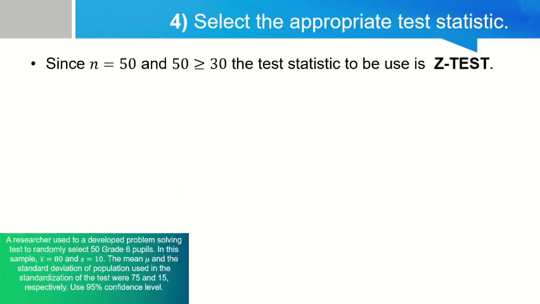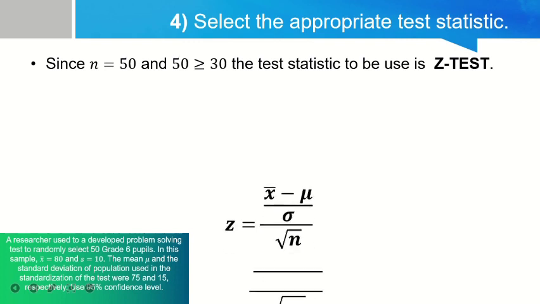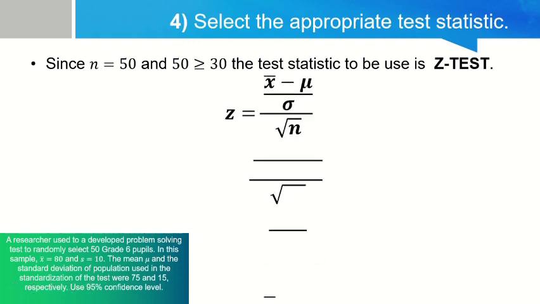Next, select the appropriate test statistic. Since n equals 50 and 50 is greater than or equal to 30, the test statistic to be used is z-test. Ayan ang z-test. Then 80 minus 75 all over 15, over the square root of the number of samples.